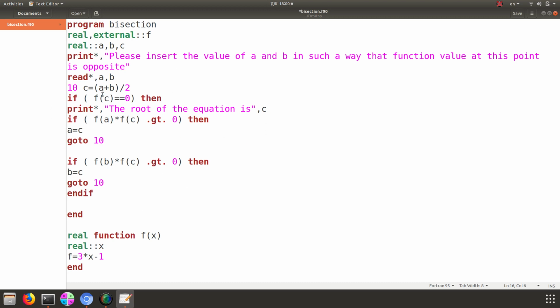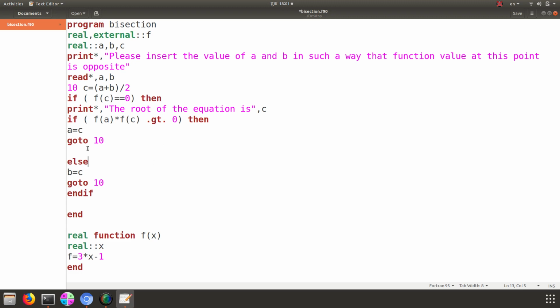There are only three conditions: if f of c equals 0, or if f of a and f of c have the same sign, otherwise f of b and f of c would have the same sign. So the computer itself will understand, so it is not necessary to write this. This can be replaced simply by writing else here. Okay, so this is our program.